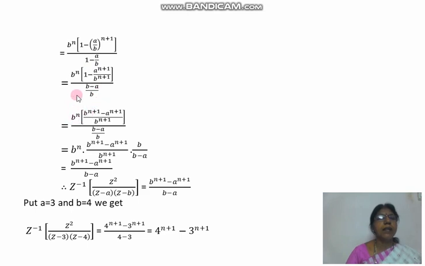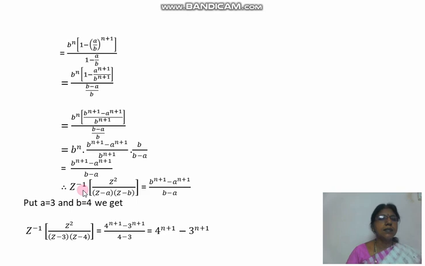Next b power n, this one LCM: b power n plus 1 minus a power n plus 1 by b power n plus 1, by b minus a into b. This is b power n into numerator into the denominator, b by b minus a. Here b power n and b power n plus 1 cancel out. What is the remaining? b power n plus 1 minus a power n plus 1 by b minus a.